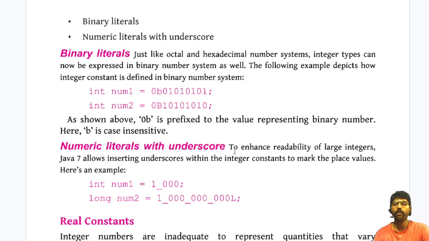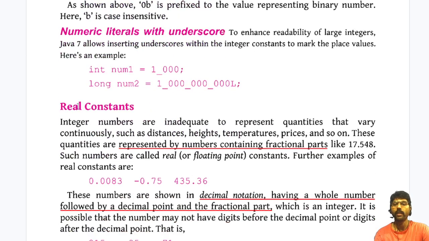Now we go to the next one, called real constant. With integer constants, we store only whole numbers. Whole numbers means we cannot store any fractional parts. But in real applications, we have to store values where we need fractional parts, such as distance, heights, temperature, prices.